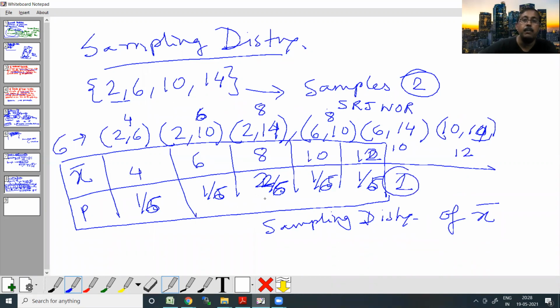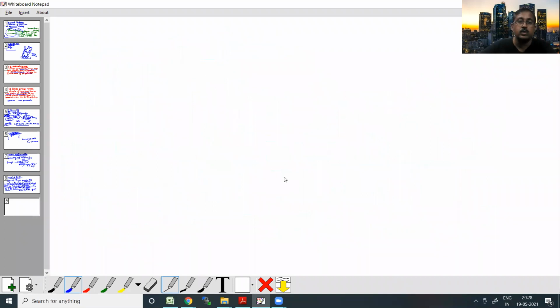Okay. Now next I need to find out how the parameters and the statistic are related. For that there is one more very important theorem, called the central limit theorem. What does it say?